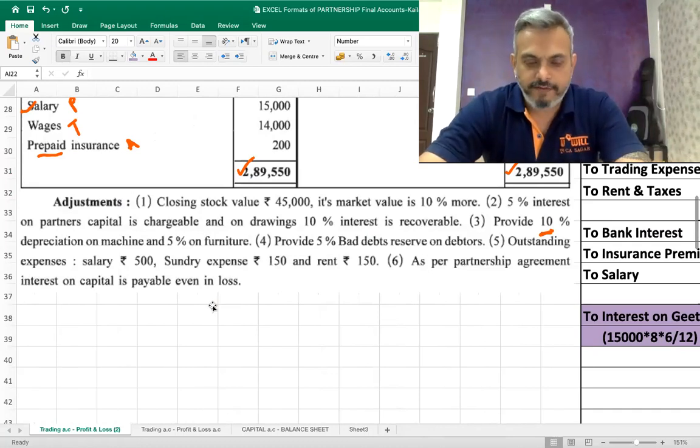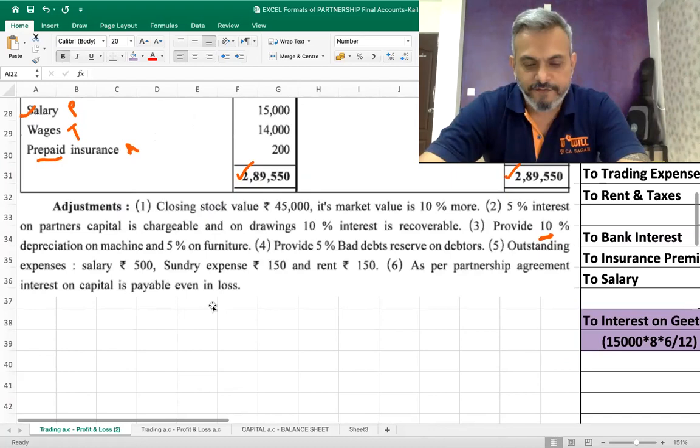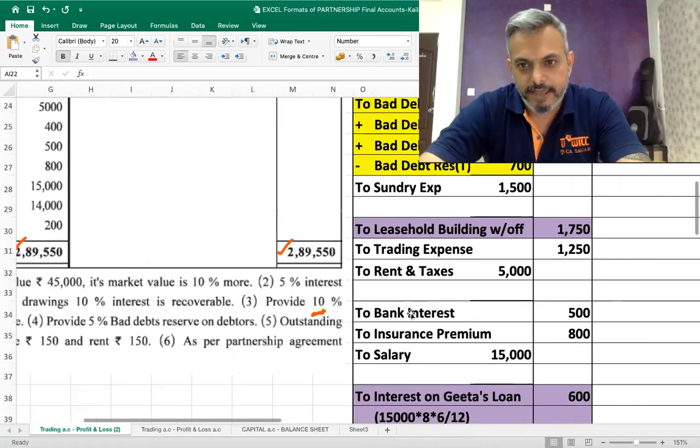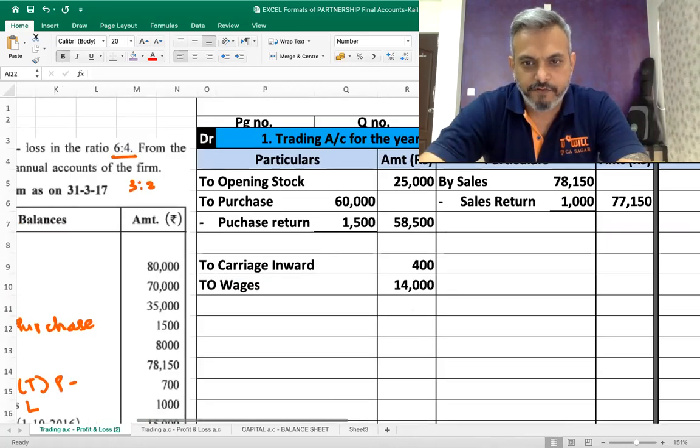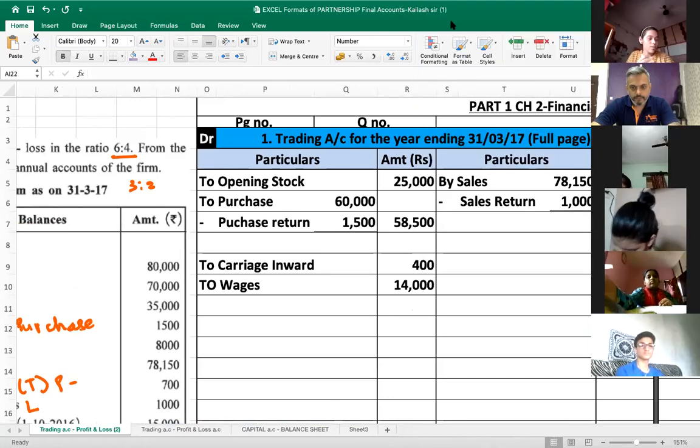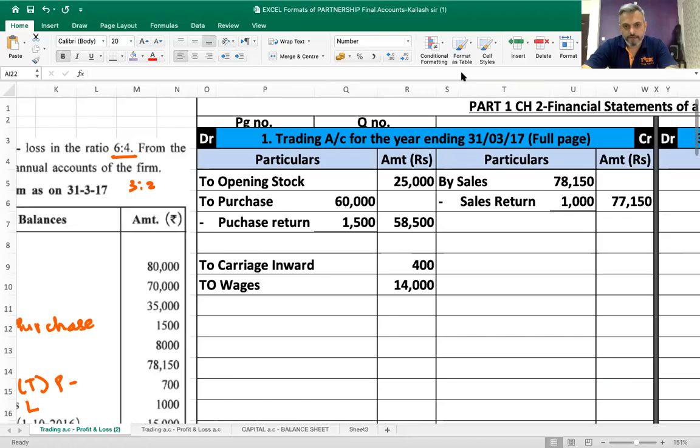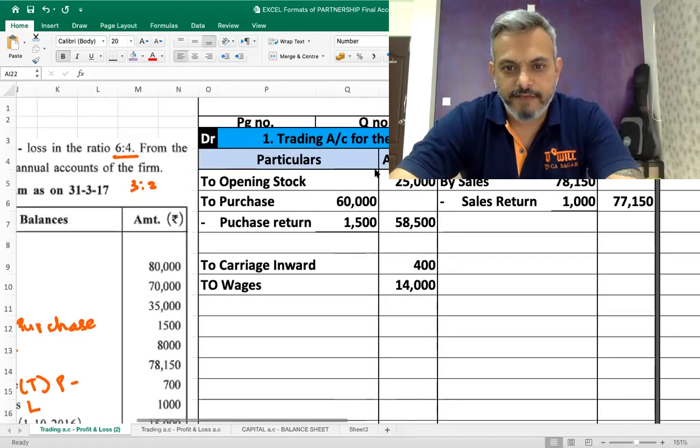Then go to adjustment. Now closing stock is 45,000, market value 10% more. So what will we take? 45,000 or 45,000 plus 10%? 45,000. Because the rule is we have to take the lower of the two, cost or market price, whichever is lower.